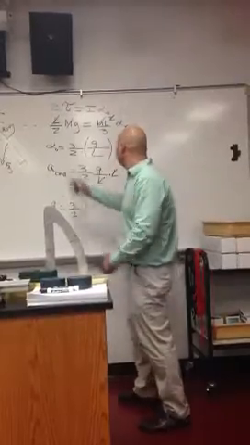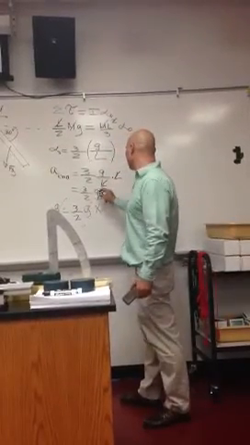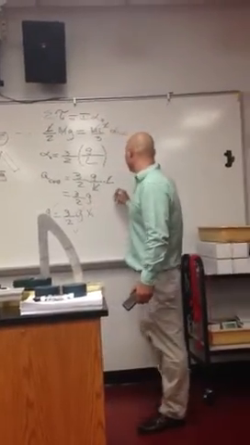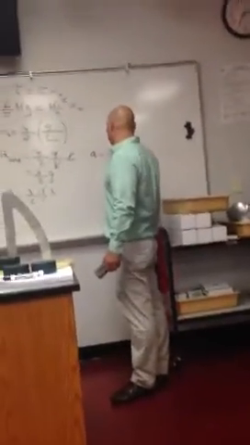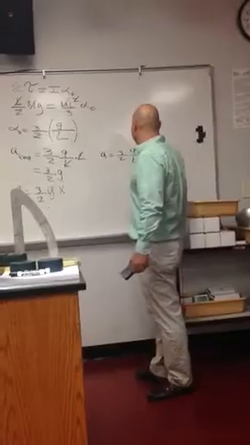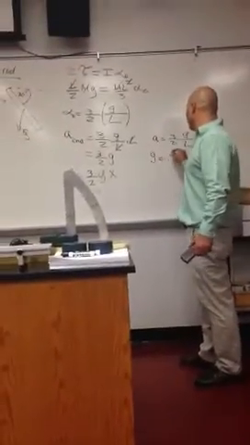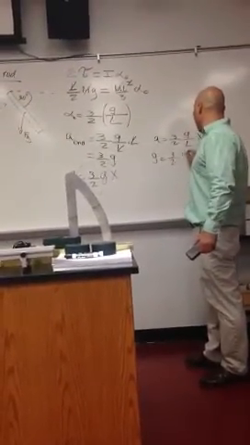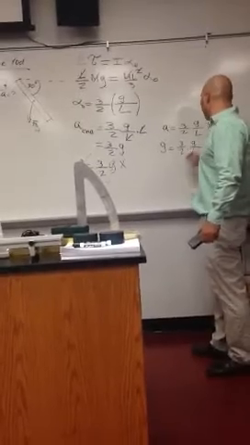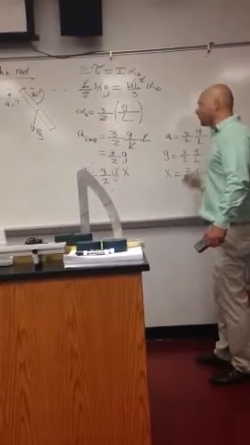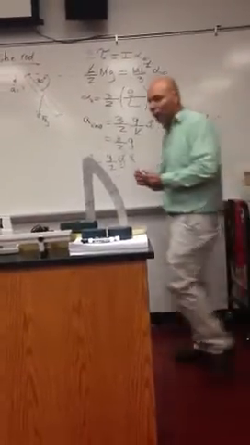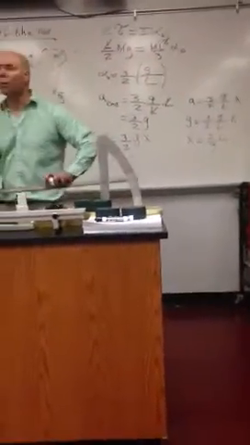A is 3/2 of G over L times X. If I set gravity equal to 3/2 gravity over L times X, I get that it will be at 2/3 of L. Is that correct? So at 2/3 of L, these two objects move together.